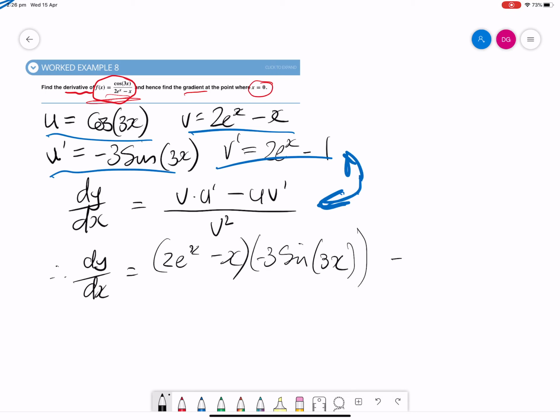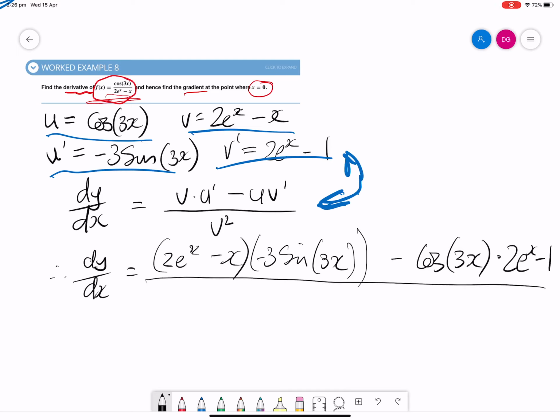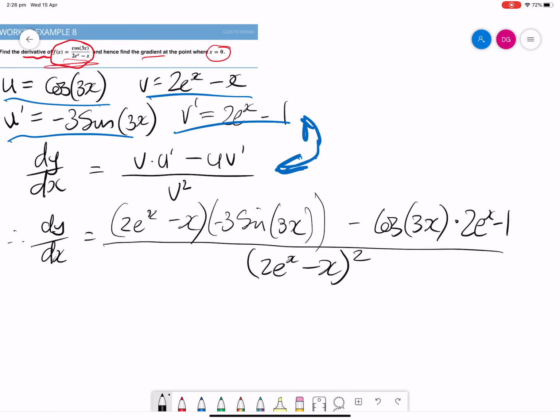Minus u times v dash. So that's cos 3x times v dash, which is 2e to the power of x minus 1, all divided by v squared, which is 2e to the power of x minus x, squared.